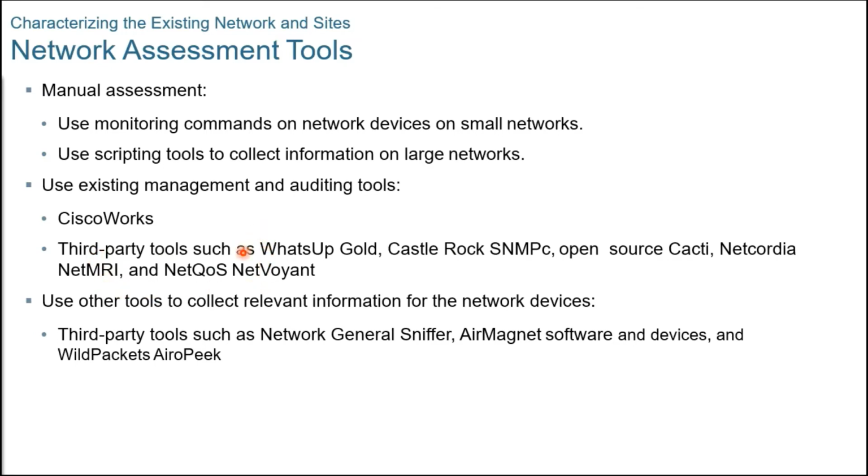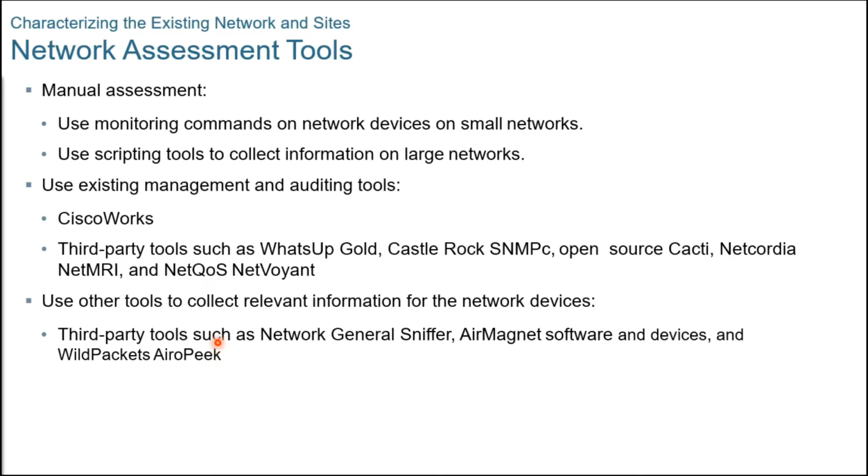Other tools can help characterize the existing environment. For example, instead of a full wireless site survey, it can be helpful to conduct a brief RF sample of the environment using enterprise-level tools, such as AirMagnet, AiroPeek, and others.